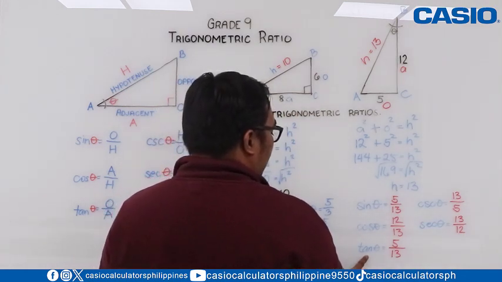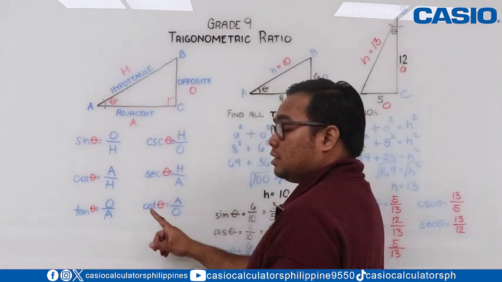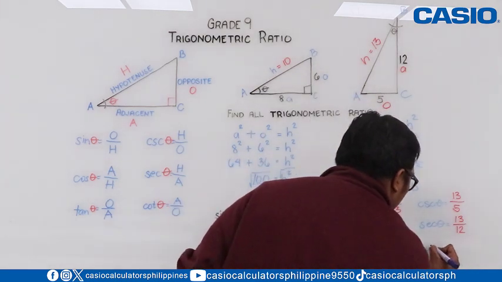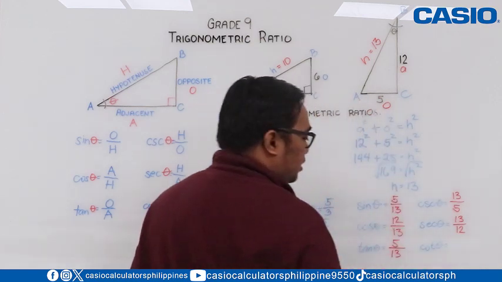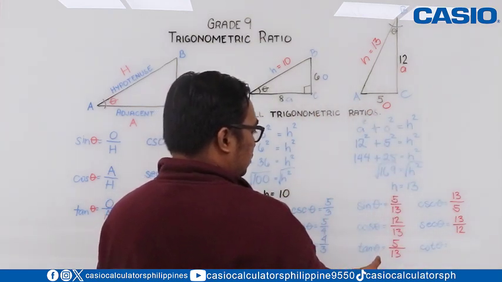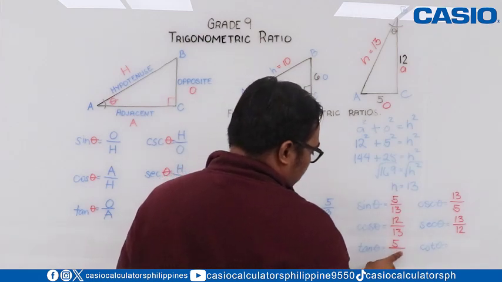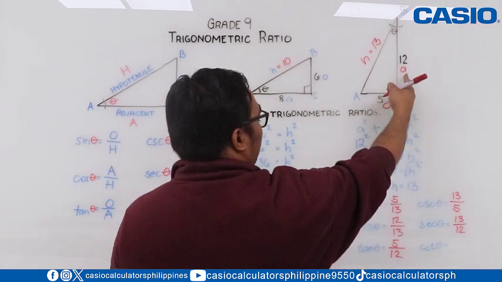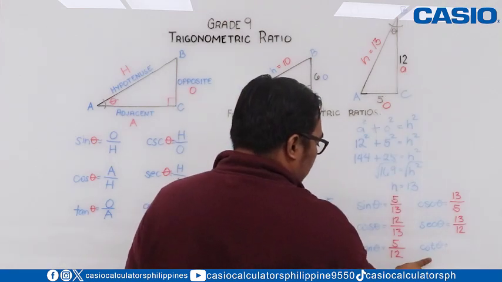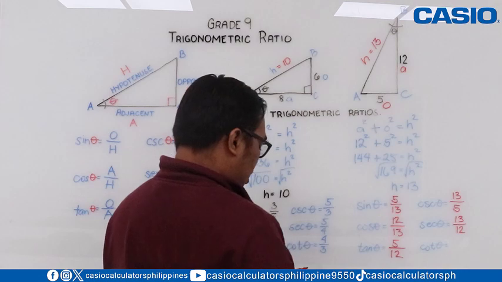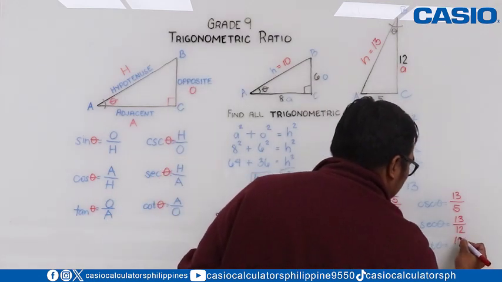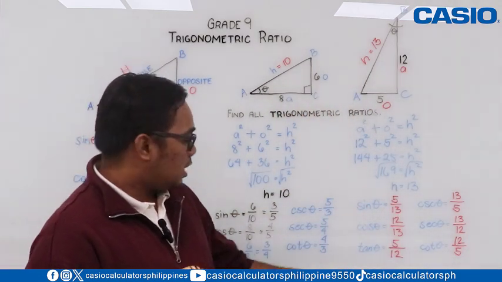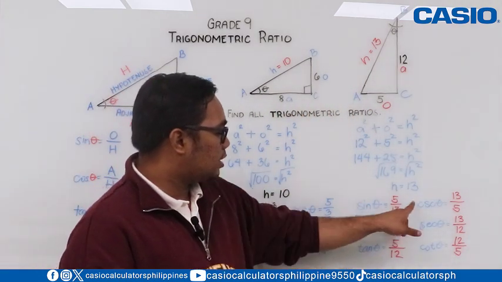While we have here tangent theta, the reciprocal of tangent theta is cotangent theta. So therefore, the cotangent theta is simply the reciprocal of 5 over 12, since our adjacent side is 12, which gives us 12 over 5. Okay? So that's how we get our six trigonometric ratios.